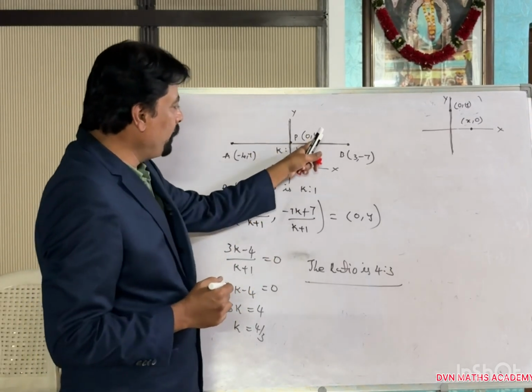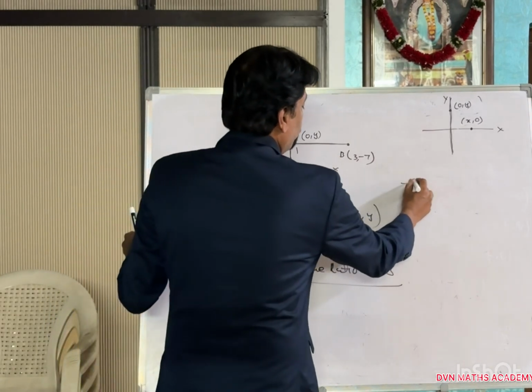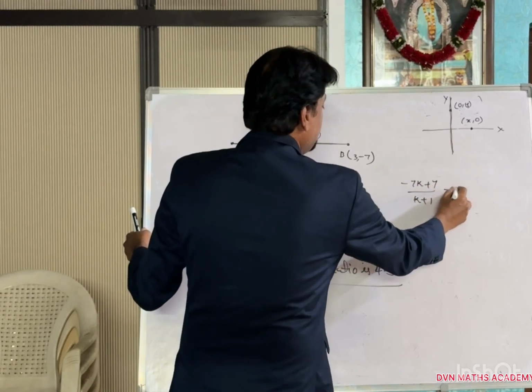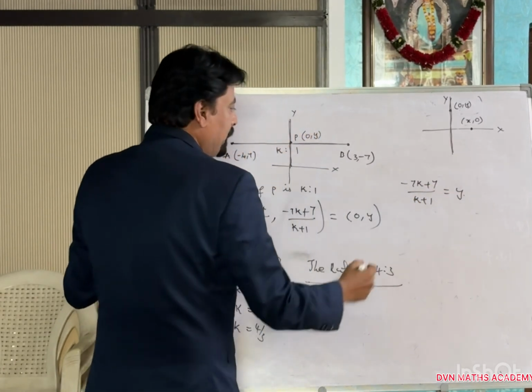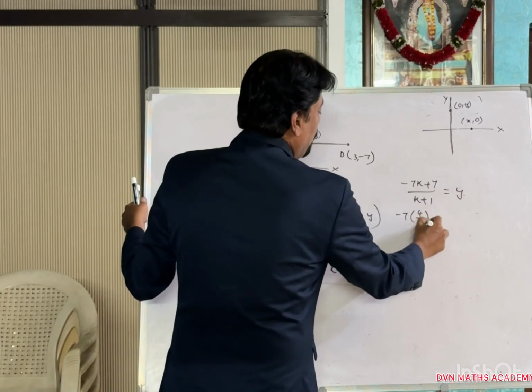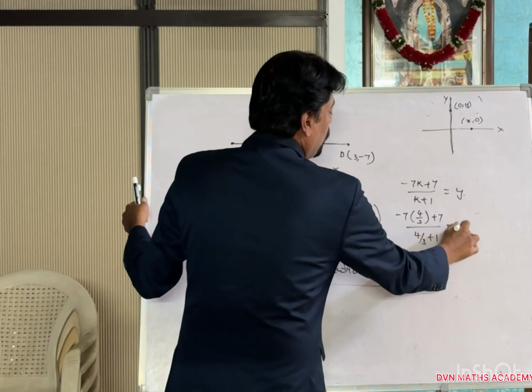Sometimes he will ask you what is the point. Point means you need to find the value of y. Now you compare these two: (minus 7k plus 7) by (k plus 1) is equal to y. Just put the k value here: minus 7 into 4 by 3 plus 7, by 4 by 3 plus 1, is equal to y.